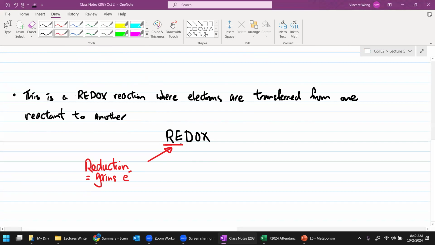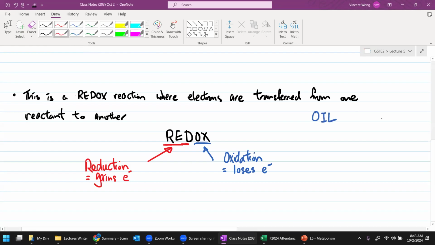Okay, so that's what the red represents. Reduction reaction, which means gains electron. On the other hand, the ox, that means oxidation. Oxidation is loses electron. Some people like to remember it like this.